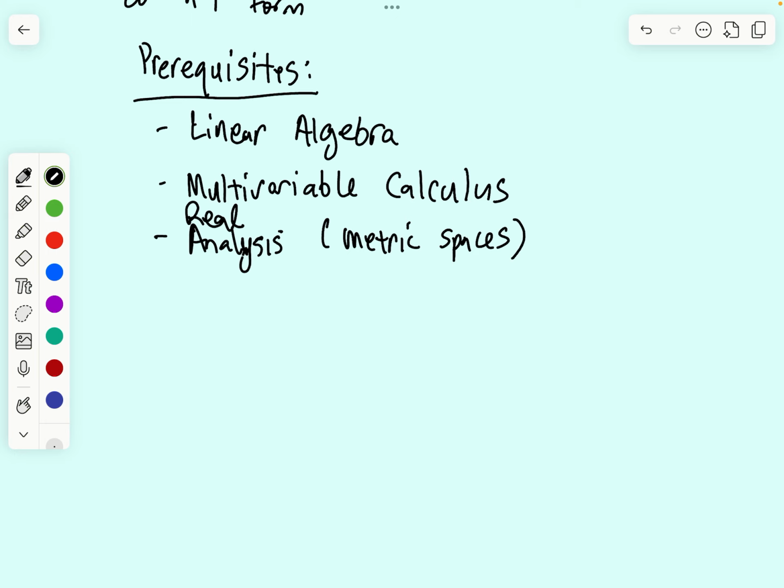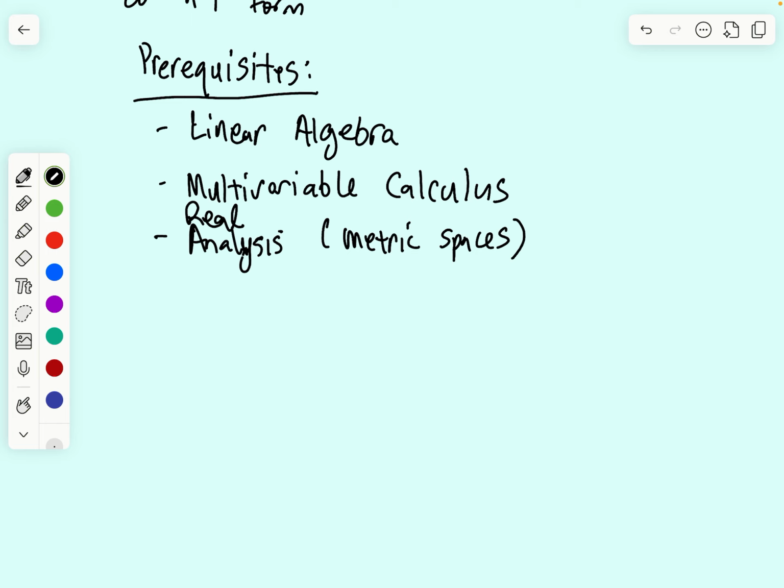And you're familiar with open sets and closed sets and compact sets and continuous functions on these sets and basic properties. You don't need to necessarily know a lot about series, like power series, but you are expected to know about the Riemann integral, the definition, and the fundamental theorem of calculus.